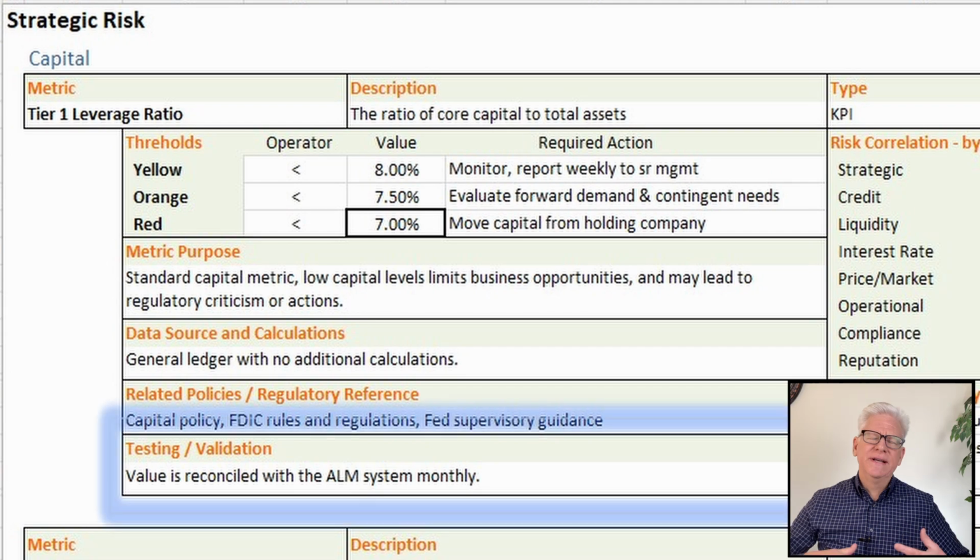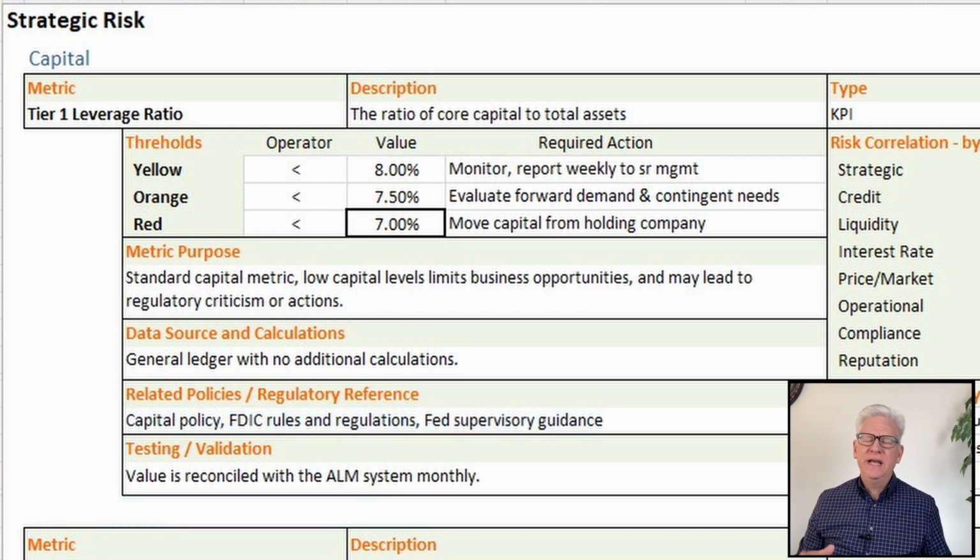And finally, just identify any type of testing or validation that's done to verify that the data we are getting is sound. A value coming from a system that is subject to periodic back testing is a lot more valuable than one that comes with, look, trust me, it's right. You could certainly also indicate when was the last time that this data point or the source system was tested or validated.